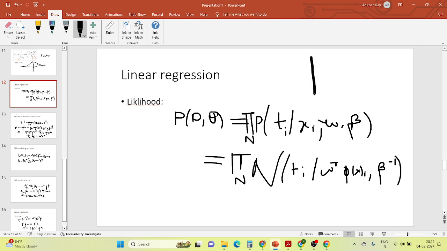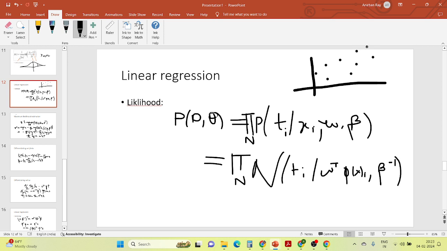So let's try to understand it this way. I have the points, as you know, and I need to fit a curve. I am trying to predict Ti as best as possible, to maximize the occurrence of Ti.